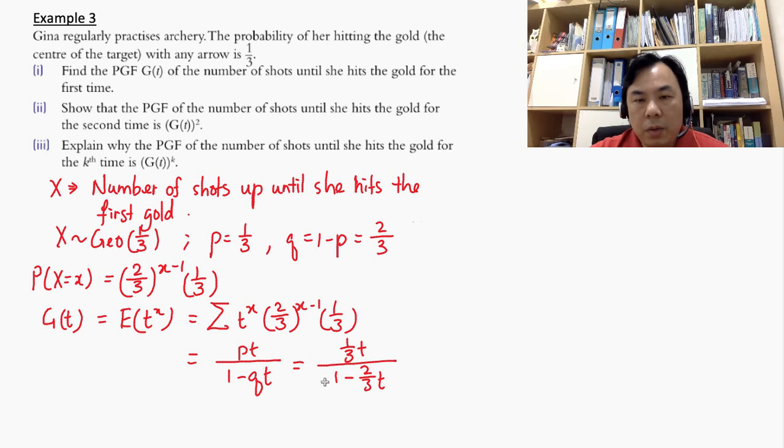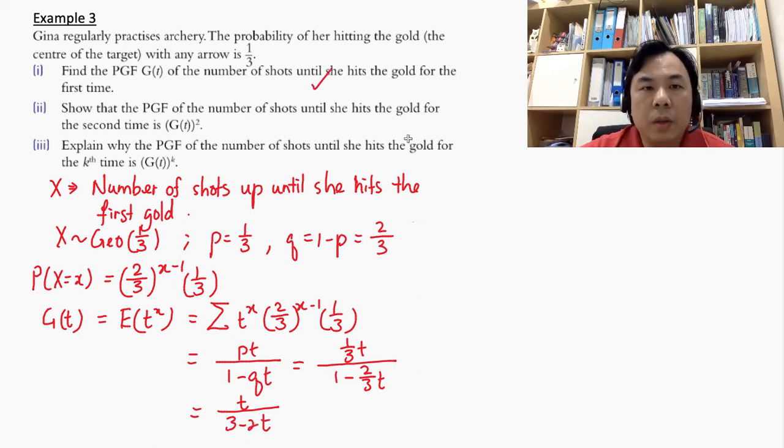Therefore, if you simplify that, we will get t over 3 minus 2t. And then there you have it: the probability generating function that represents the number of shots until she hits the goal for the first time. All right, I hope that's clear for the first one. I'm going to show you number two shortly.